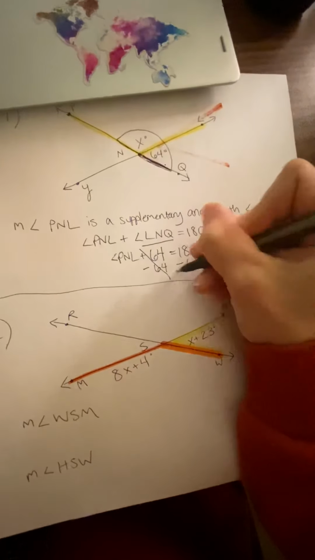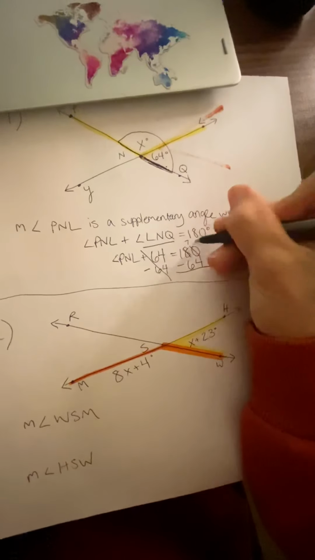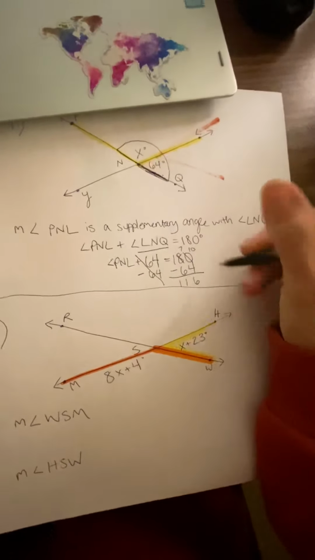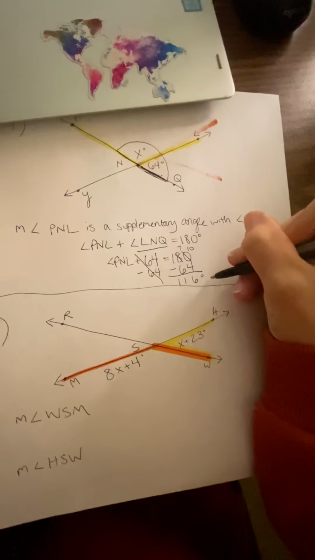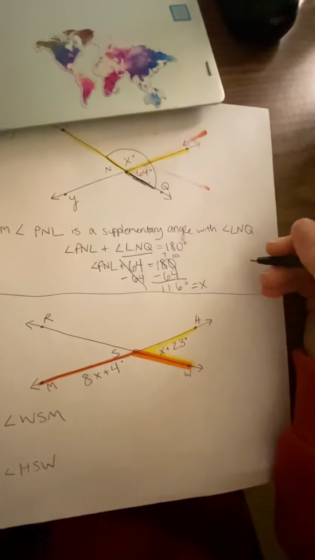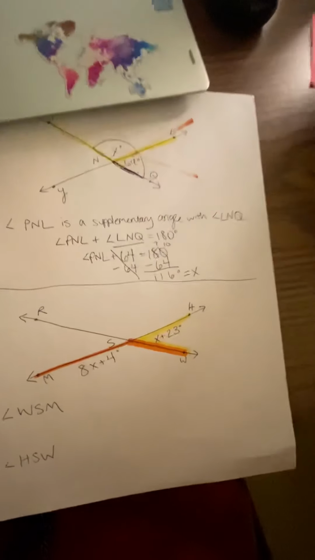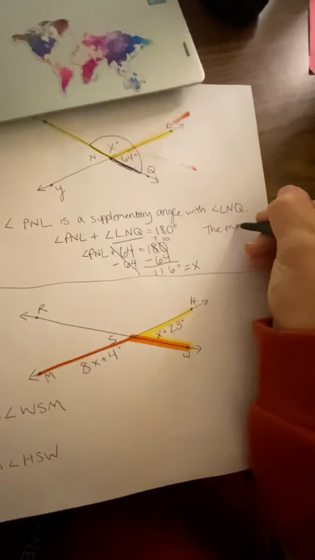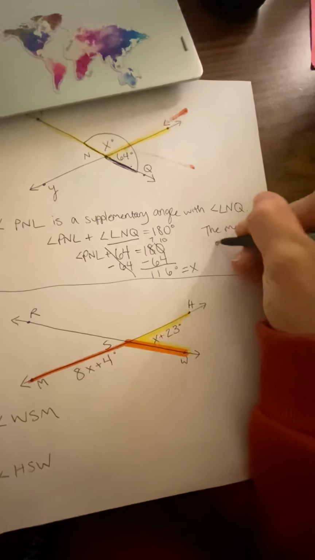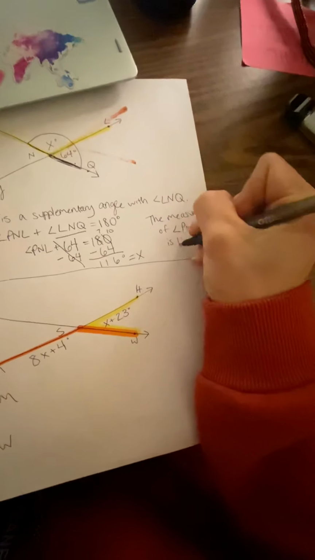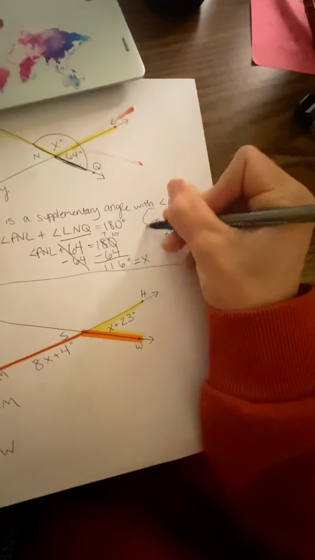And 180 minus 64 is 116. So x, the degree measure they're asking for, equals 116. The measure of angle PNL is 116 degrees.